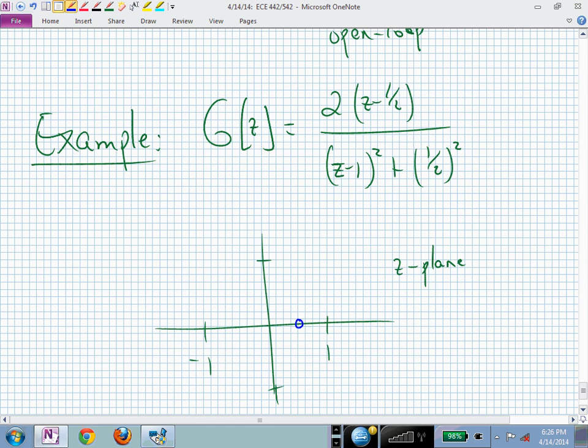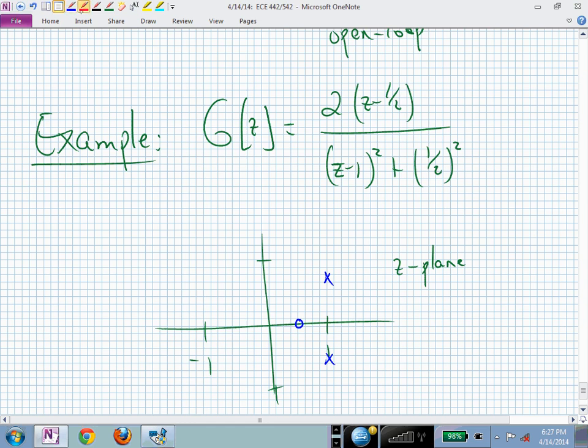The finite zero occurs at z equal to 1/2. There's my 0. My poles are at 1 plus and minus j 1/2, aren't they? Written in that way. So I now just go up here to 1 and up and down plus and minus j 1/2.